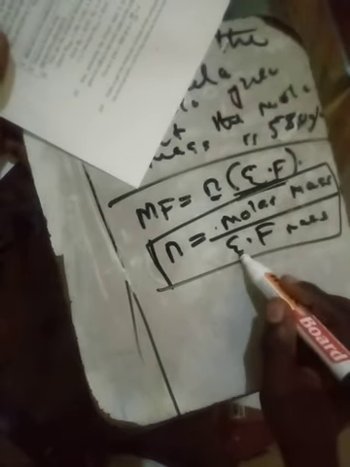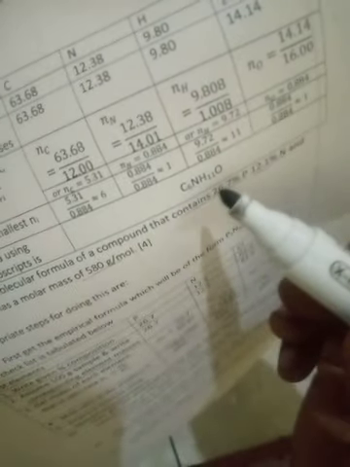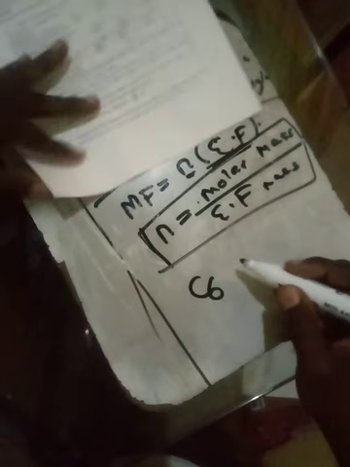Then how do I get the empirical formula mass? The empirical formula that you found in the answer, C6NH11O, you need to find the molar mass of this.